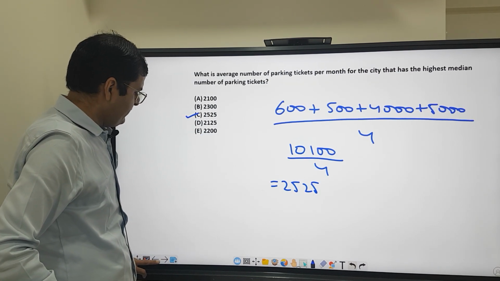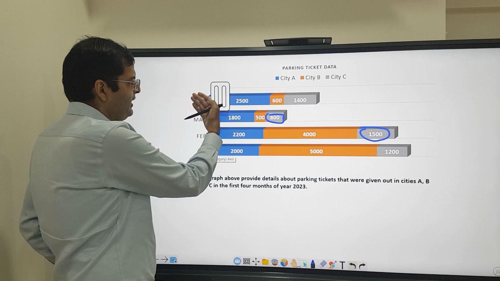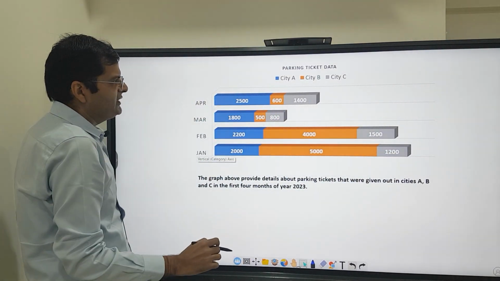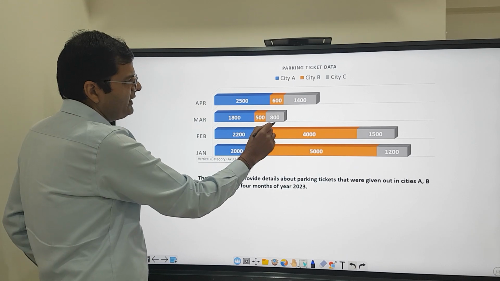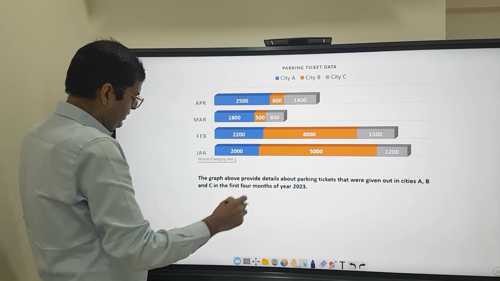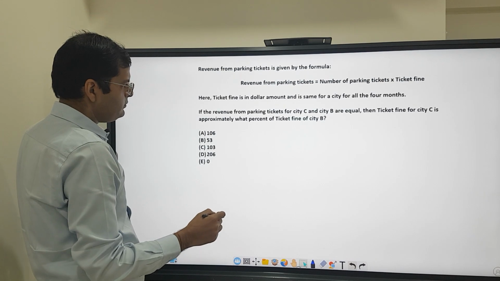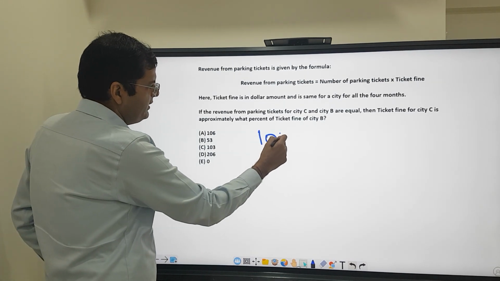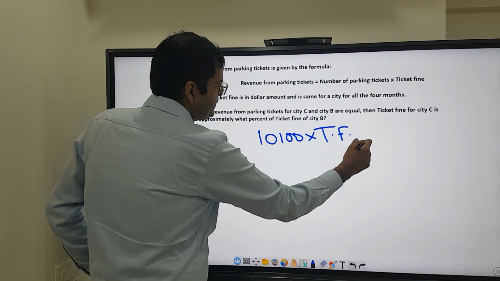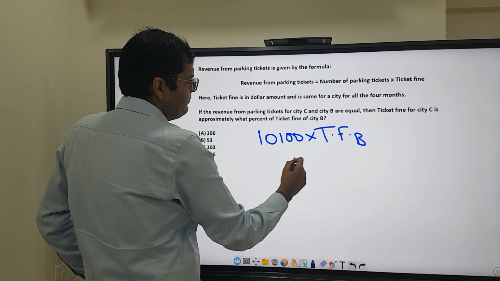So I know that the revenue for both city C and B are same. If I find the total number of parking tickets for city B, first of all, that is 600 plus 500 plus 4000 plus 5000, that is 10,100. So it will be 10,100 into ticket fine of city B, let that be TFB.